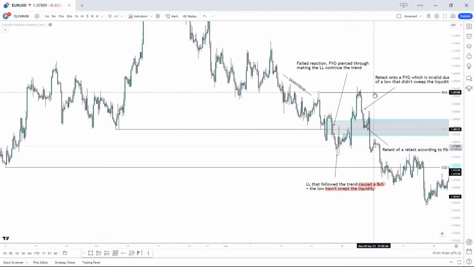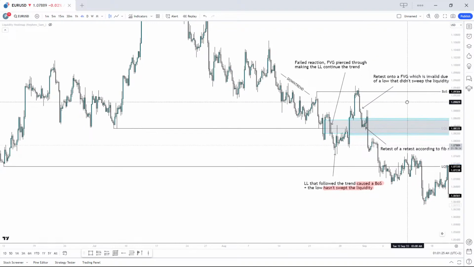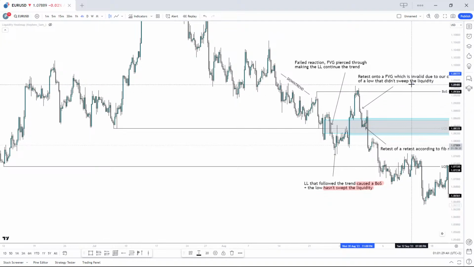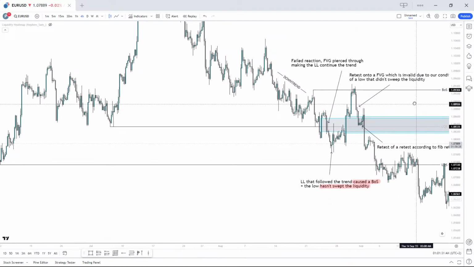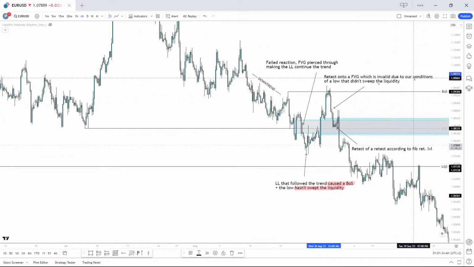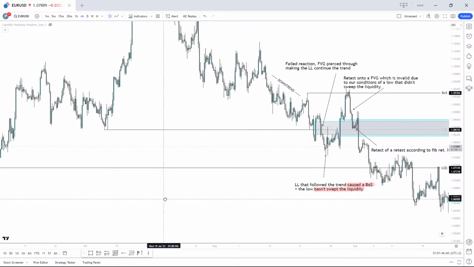Break of structure right here, and this is a retest onto this fair value gap right here, which is invalid due to, where is this text? Oh, okay, I'll put it like this. It looks much better like this, I think.